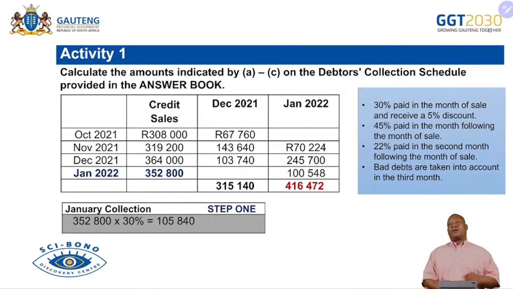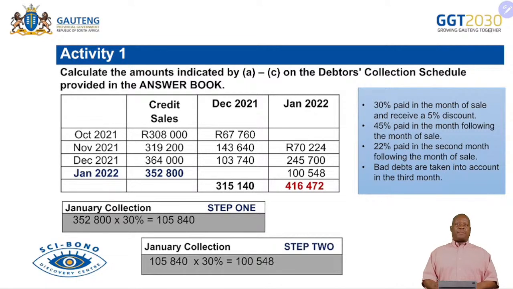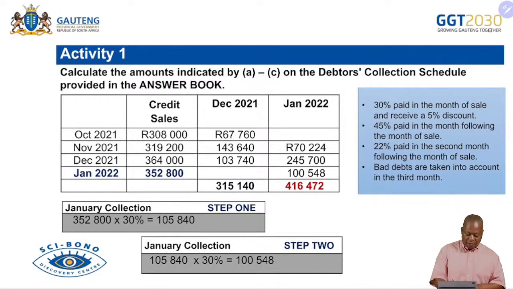We remember 5% discount must be taken off from this figure because that's what they've got to pay. So we are going to say times 5%. Here it should have been times 95%.